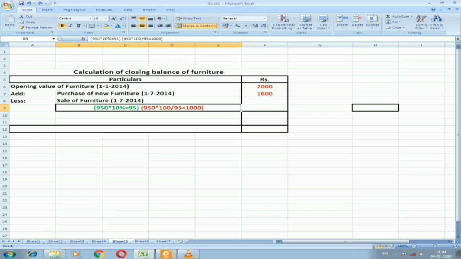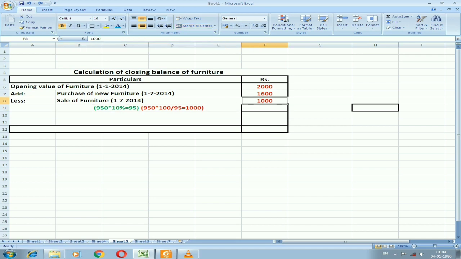So we got depreciation of 95. We need to exclude that, that is, we need to take the whole amount. So I am taking 950 into 100%, the full value I require on 1/1/2014, divided by 95%, which equals 1000 as the value of that furniture on 1/1/2014. So I am taking that value as 1000.